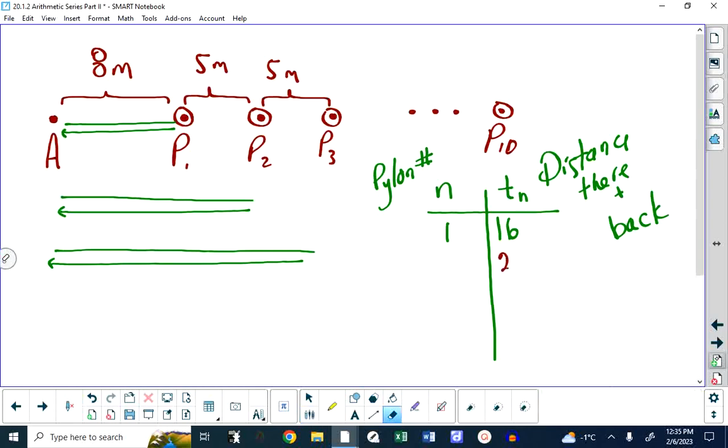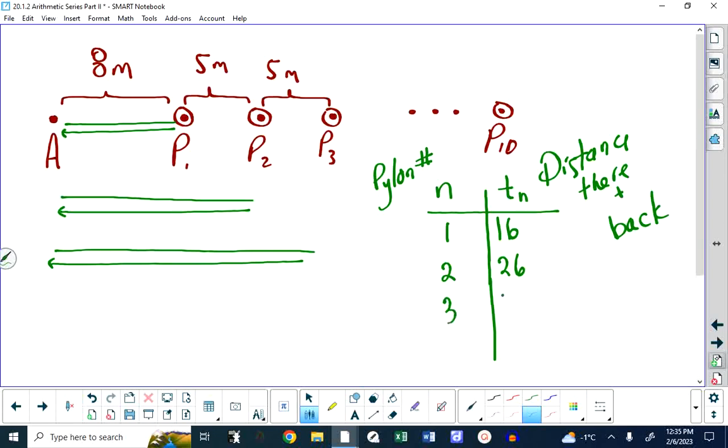That's 26. And it isn't really difficult to understand that each time the athlete runs to the next pylon and back, they're running an additional 10 meters because they have to run that extra 5 meters to the pylon and back. That's 10. And this is going to continue.